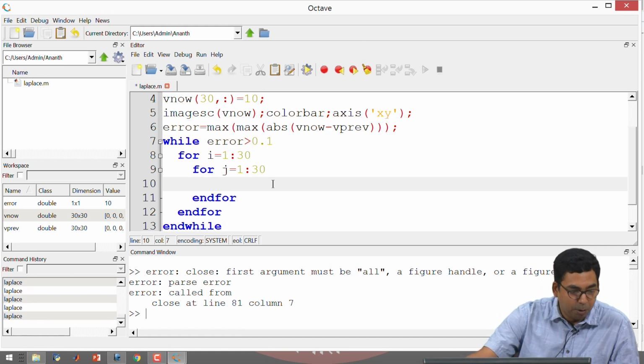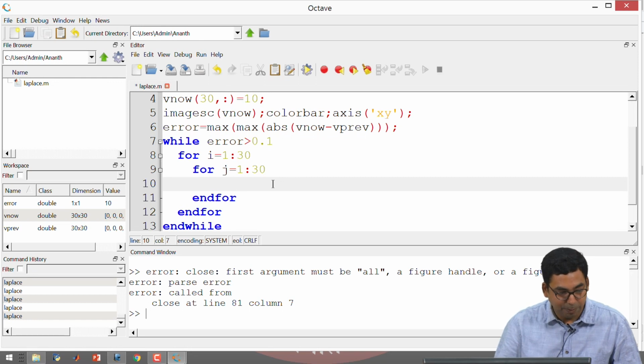Now, I would like to write down the Laplace solver that we have already arrived at.